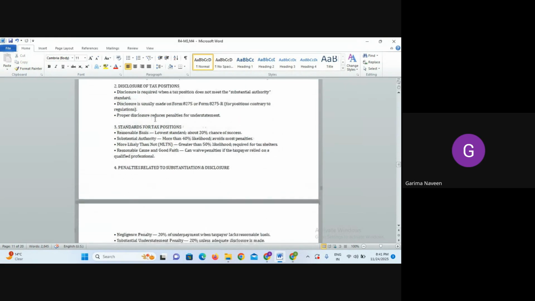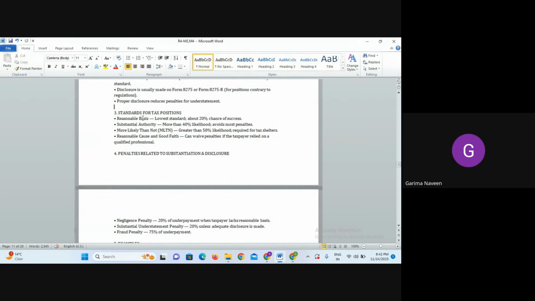If we talk about these standards, we discussed yesterday also: reasonable basis, substantial authority, and more likely than not standard. Reasonable basis means about 20% chances of success.